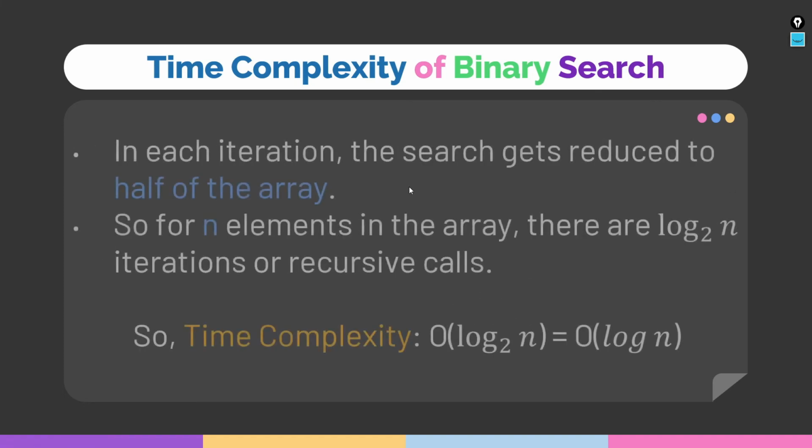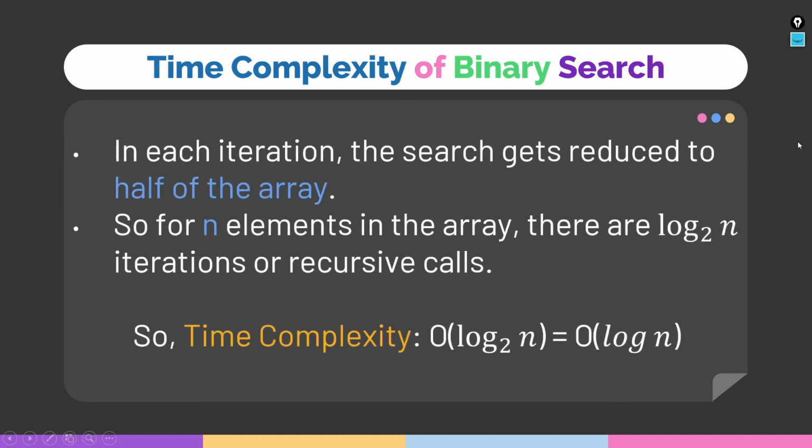So in each iteration, the search space is reduced to half of the array. For n elements in the array, there are log base 2 of n iterations or recursive calls. So the time complexity of binary search is O of log base 2 of n, which can also be written as O of log n.